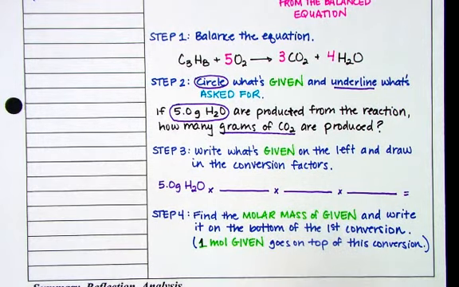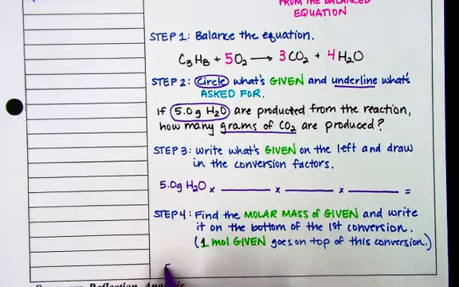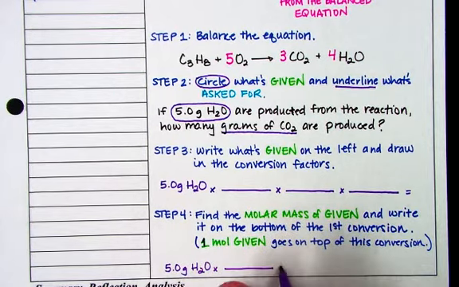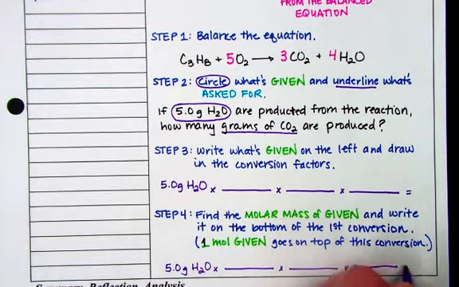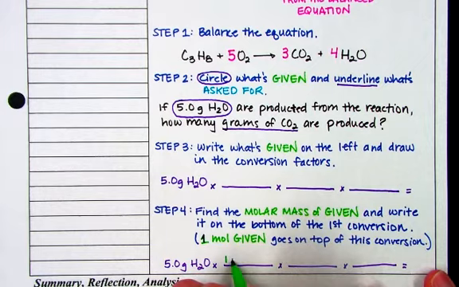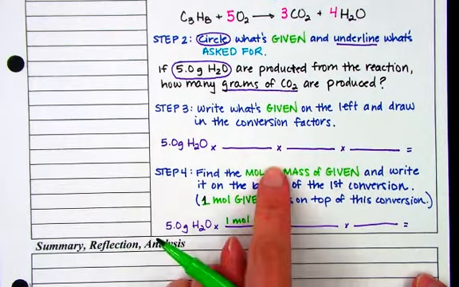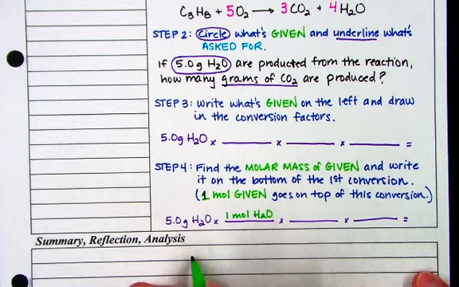Okay. I'm going to write it out again so that we can kind of see the progress that we're making. Grams of H2O, right? So, I know 1 mole. My given chemical is H2O, so I'm going to write H2O here. I now need the molar mass, right, to put on the bottom. So I'm going to solve it down here. H is 1.0079 grams times 2. Oxygen is 15.999 grams.